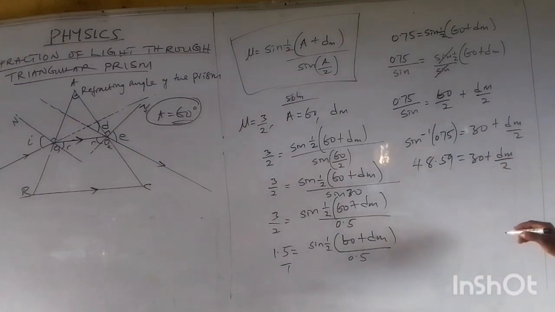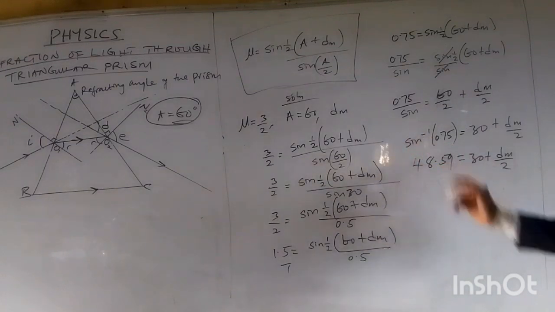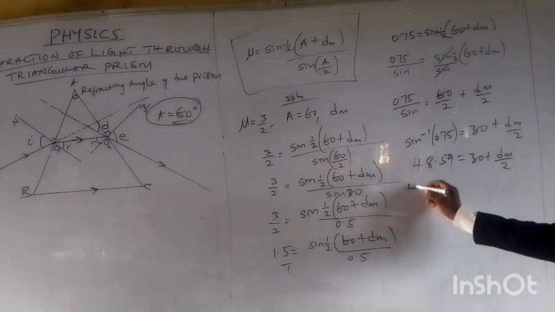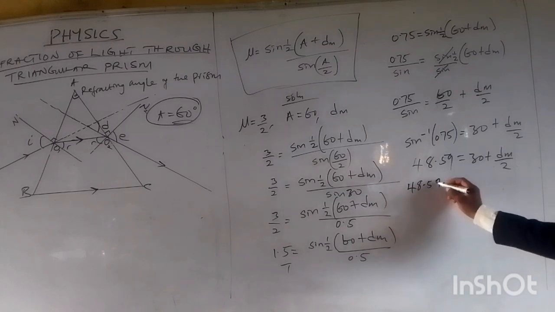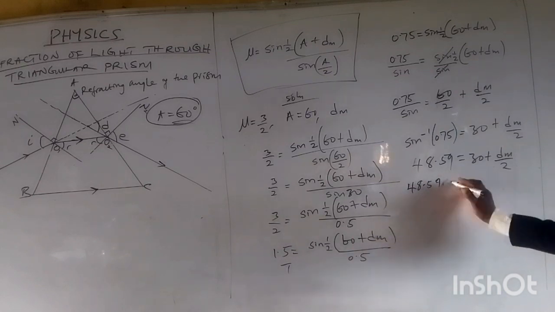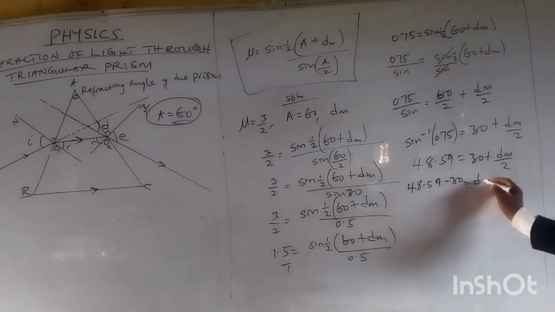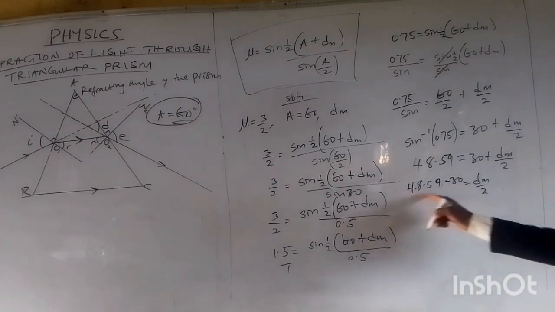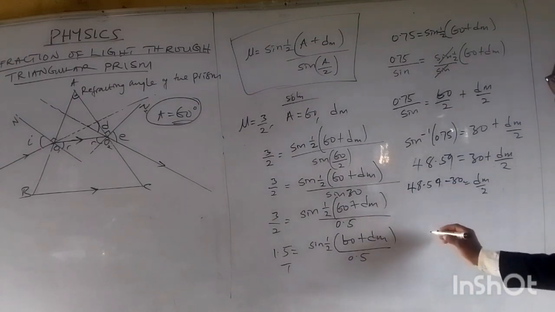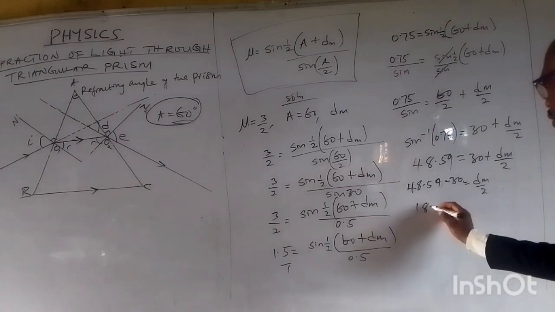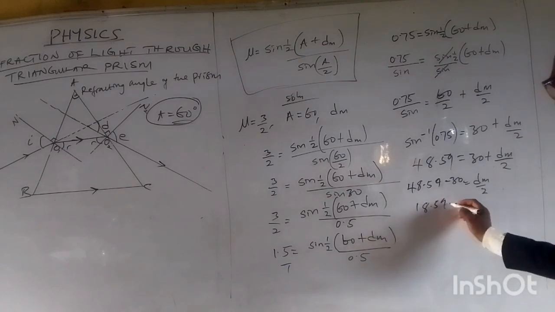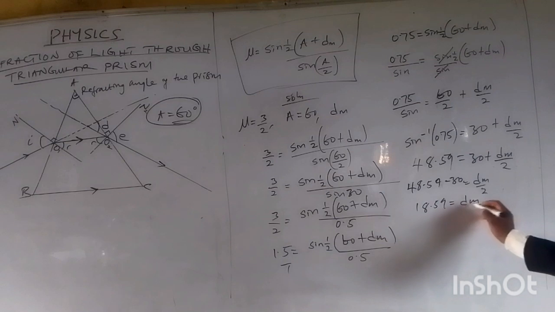Now we can collect like terms. Send this one here. If we send it here, we now have 48.59 minus 30 is equal to D min over 2. Now, if we subtract, we'll now have 18.59 is equal to D min all over 2.